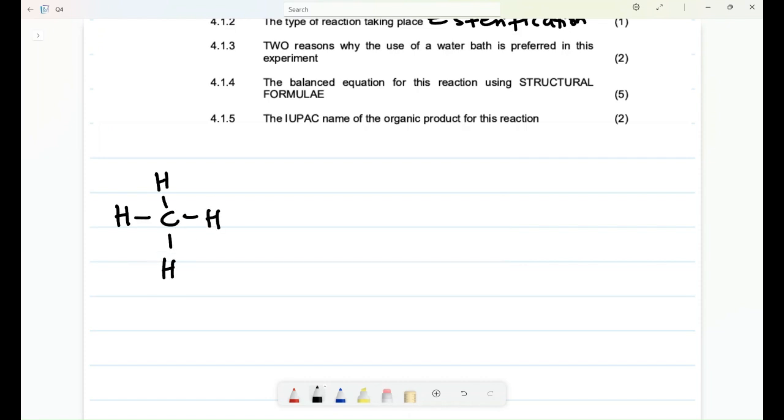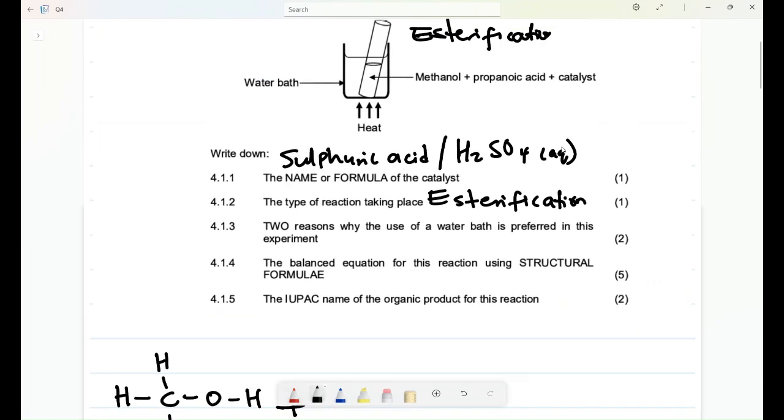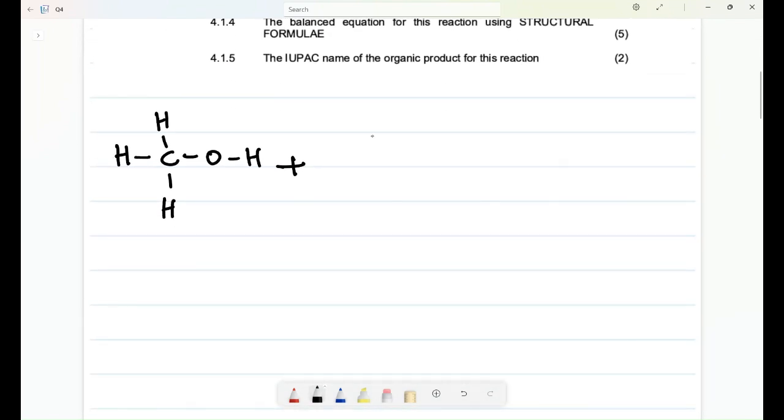Actually, I like to put the oxygen, OH, here, but it's fine. Let me put it here. I want you to see something. I'm going to add it to propanoic acid. Prop means three carbons.